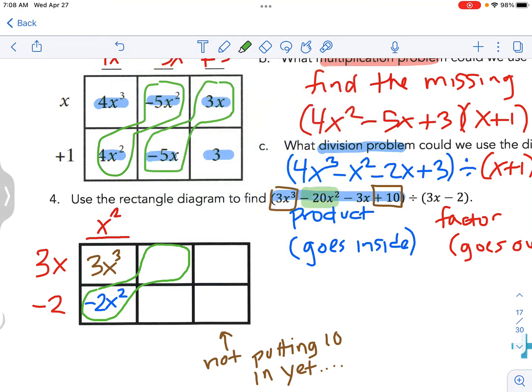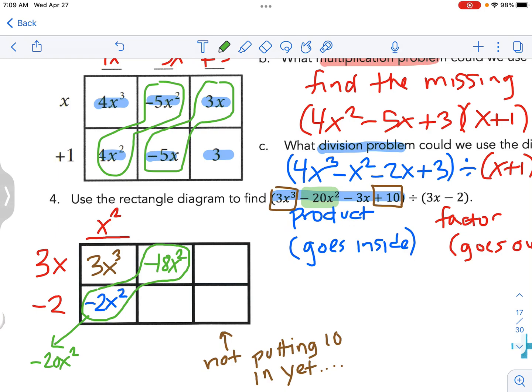Those terms are going to have to make 20x squared. So if I have negative 2x squared, then I need a negative 18x squared to make negative 20x squared. That makes that second term.